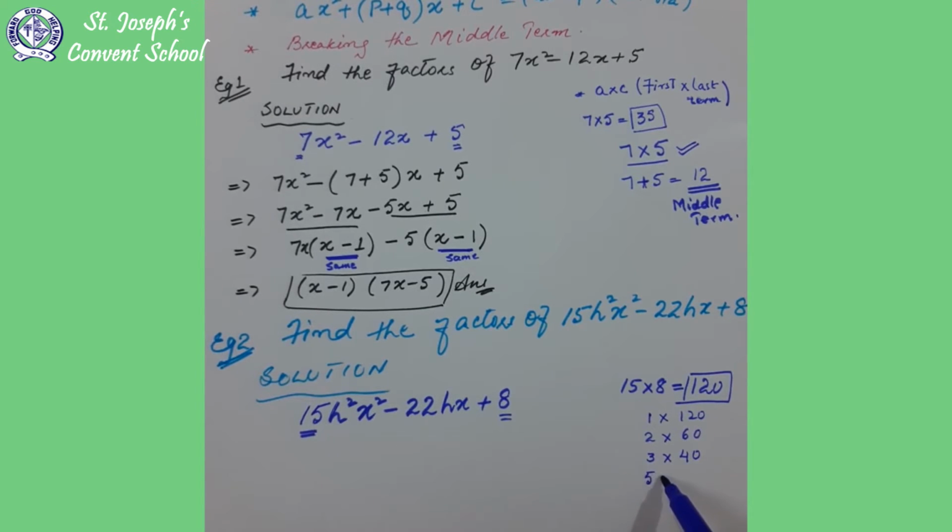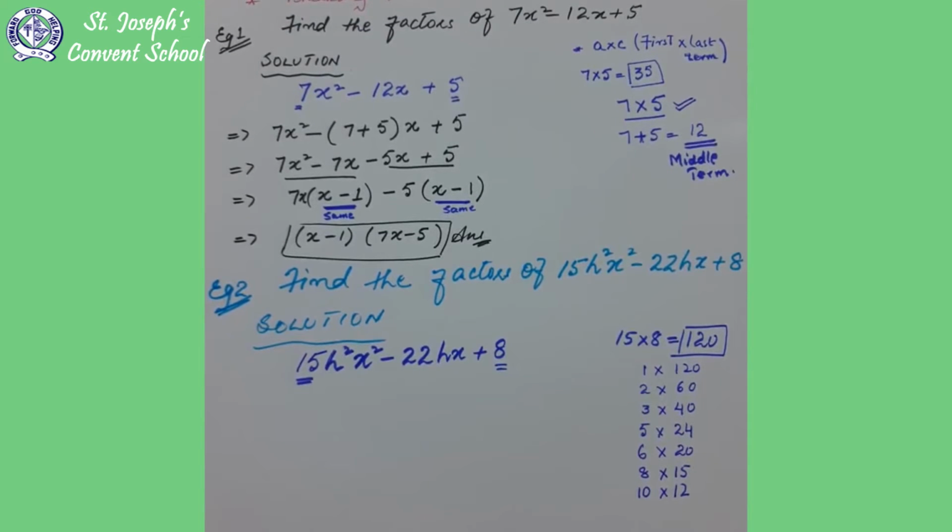It will not go in 4. So 5 into 24. Then it goes in 6. 6 into 20. Then it goes in 8. 8 into 15. And then 10 into 12. Okay. Now rest are same. 12 into 10, 15 into 8, 20 into 6, vice versa.